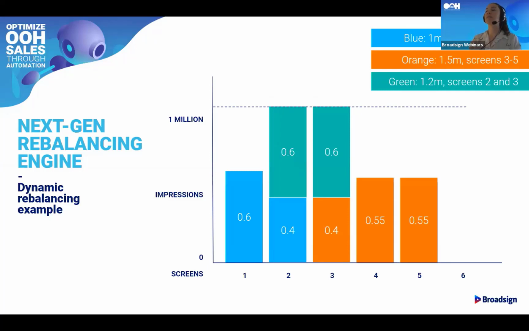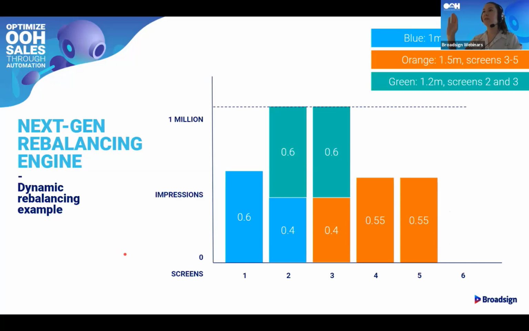And it will increase the saturation or frequency for campaign blue on screen 1 so that you can make sure that you really meet your objective of 1 million impressions on campaign blue, and also increase the frequency on screen 4 and 5 for campaign orange, ultimately reaching your 1.5 million impressions.